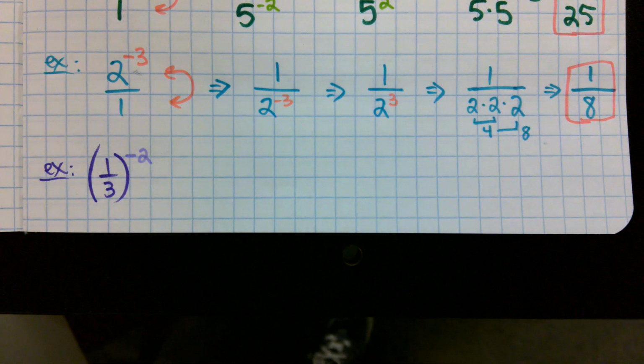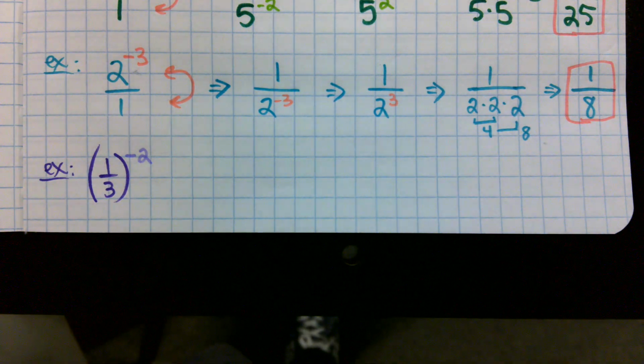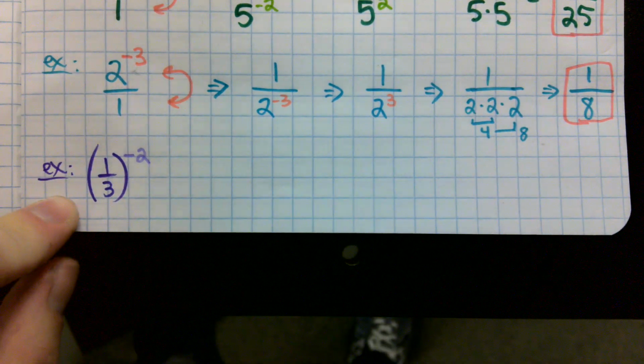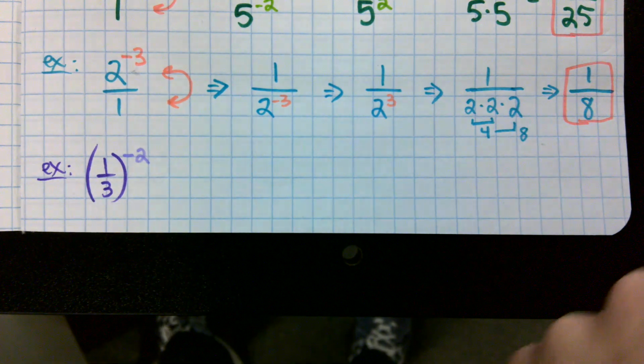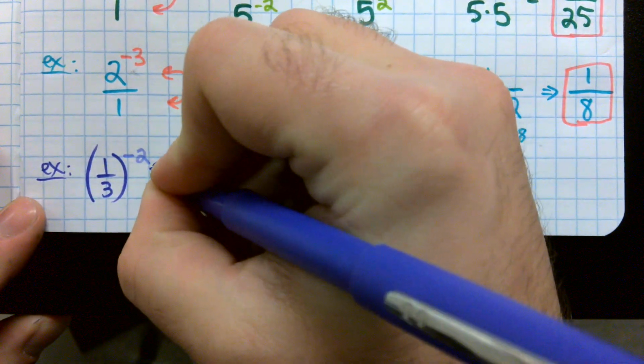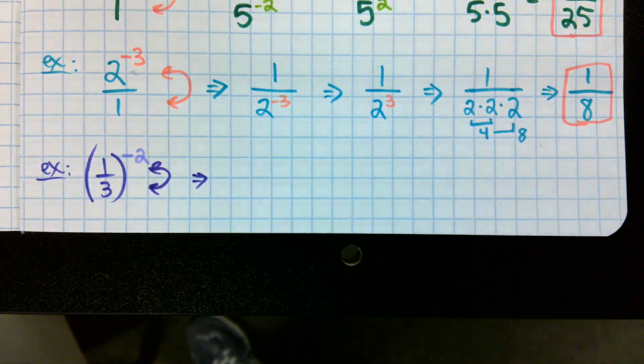So my step 1 says turn your base into a fraction if needed. Do we need to here? No, it's already a fraction, right? So we skip step 1, jump right to step 2, which would be to do what? Flip our numerator and our denominator, right?